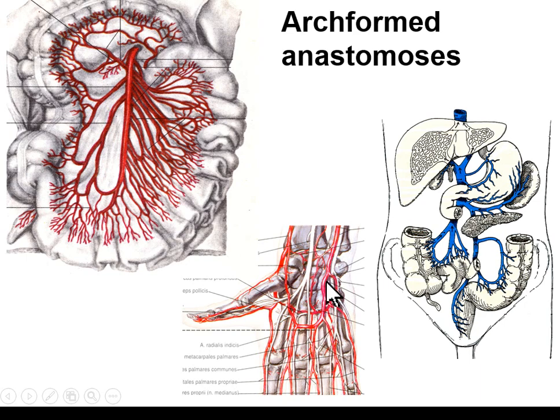For example, on the stomach, along the lesser curvature we can see the anastomosis between the left gastric and right gastric arteries. Along the greater curvature, between the left gastroepiploic and right gastroepiploic arteries. This is arch-shaped anastomosis.